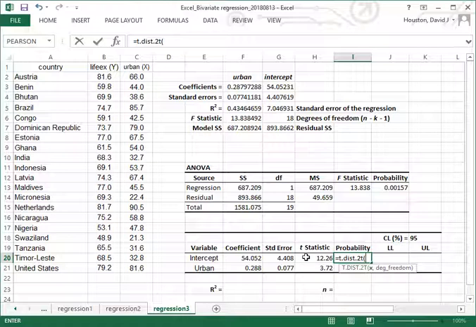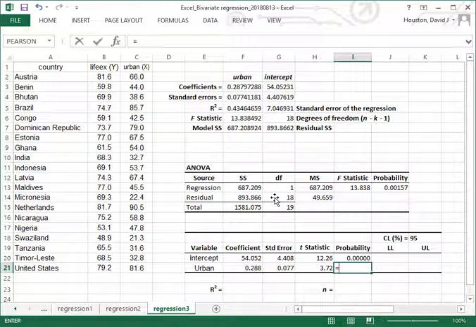And what we're going to do is, first of all, select the t-test value for the intercept, comma, now we identify the degrees of freedom. The degrees of freedom are going to be what we have here for the residual degrees of freedom, or what's reported up here in the output from LINEST. So that information is already generated for us. And I'll just click it right here. We see there the probability value is 0.0000. We'll talk about this in just a moment.